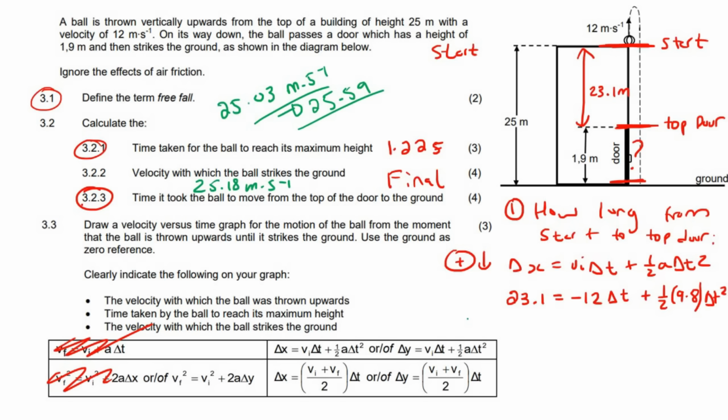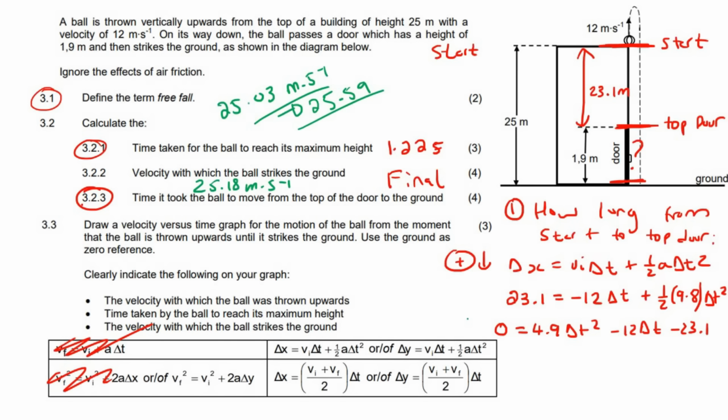So now we've got a trinomial. I'll take this over to the right until we have a 0 over here, and bring this parameter to the front. So it's going to be 4.9 because that's half of 9.8: 4.9 delta t squared minus 12 delta t minus 23.1.